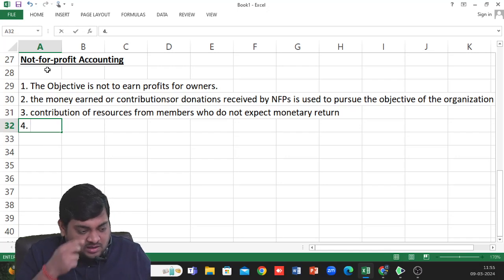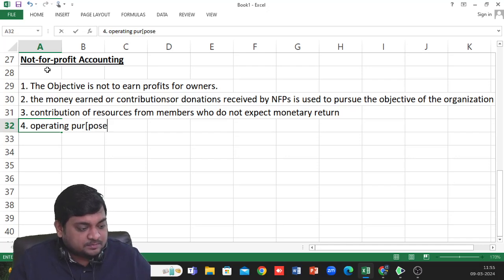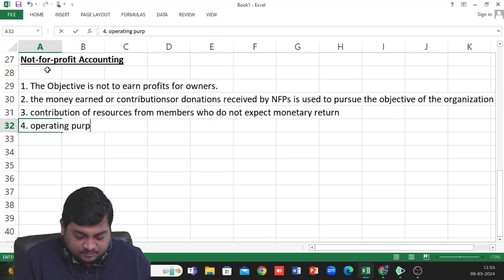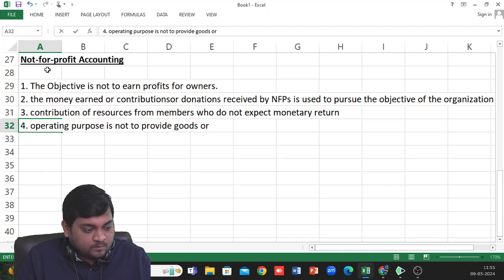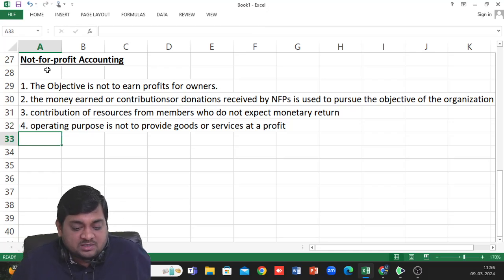So here the operating purpose is not to provide goods or services at a profit. Operating purpose is not to provide goods and services at a profit.